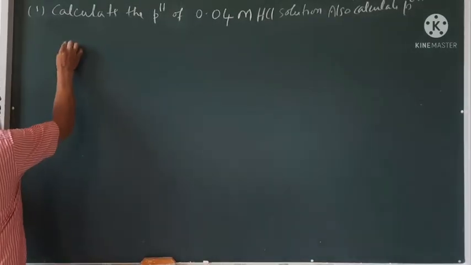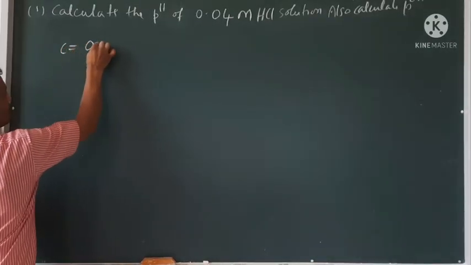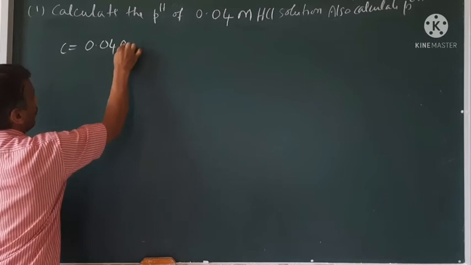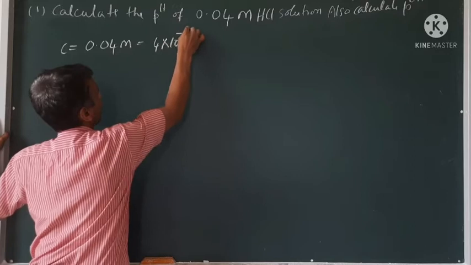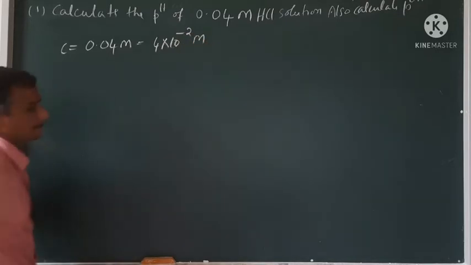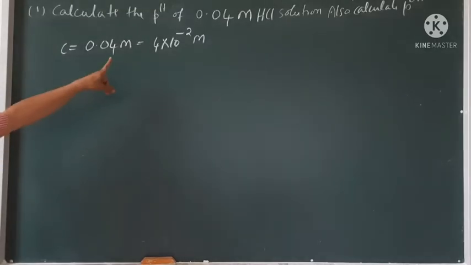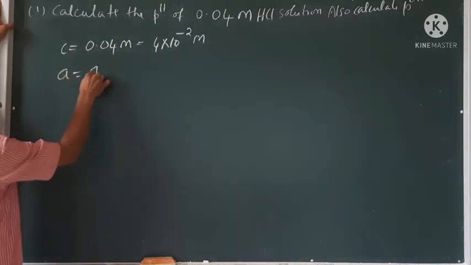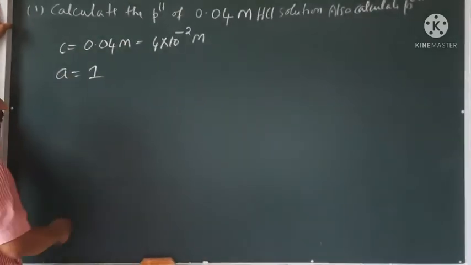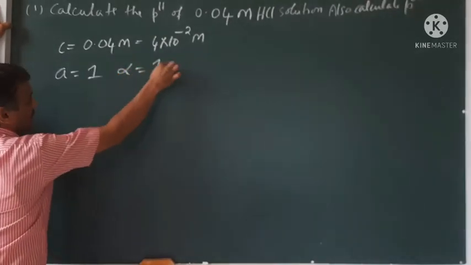So C is given as 0.04 M, which I write as 4 into 10 to the minus 2 M in scientific notation. And A is 1 as it is monobasic. Alpha is also 1 because it is a strong acid.